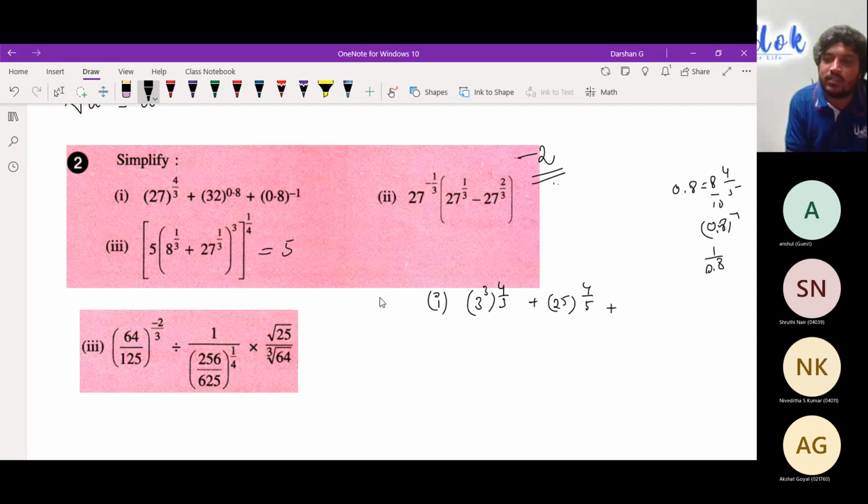Then I can write it upside down. Then it will become 10 by 8, and I can write it as 5 by 4. Right? 3 to the power of 4, 2 to the power of 4, 5 by 4. If you've got this, you would have got the answer.